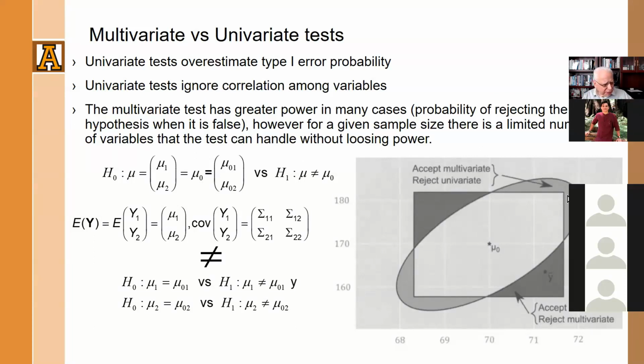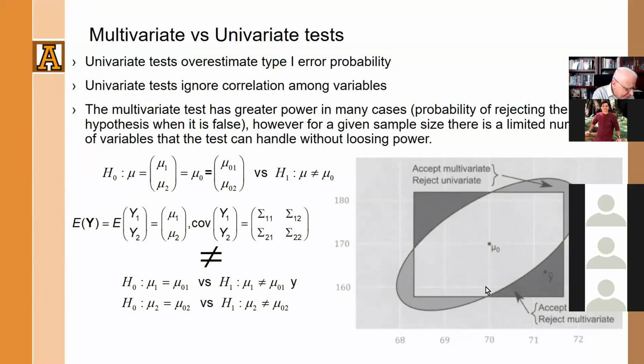However, if we were to use only individual confidence intervals, this one here, the vertical one, represents the confidence interval for y2, let's say, and this is the confidence interval for y1.